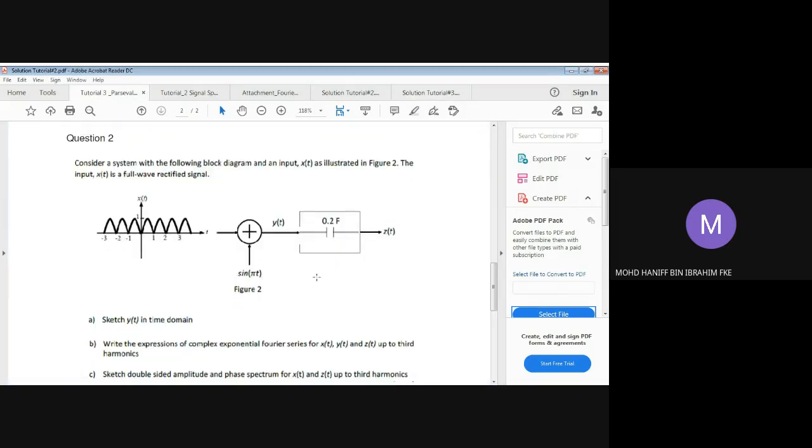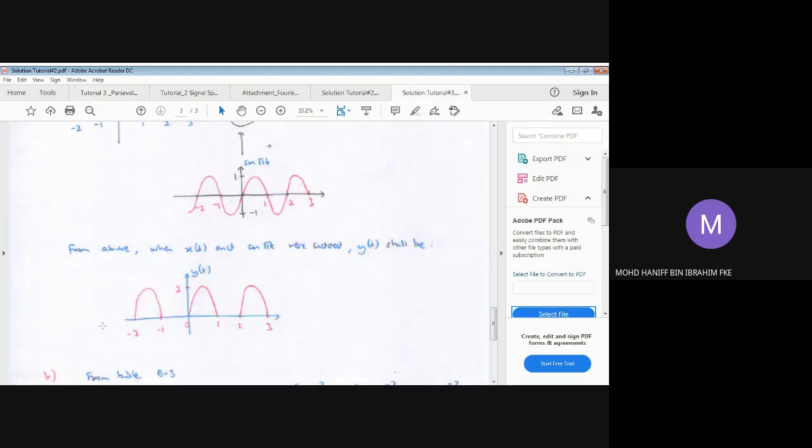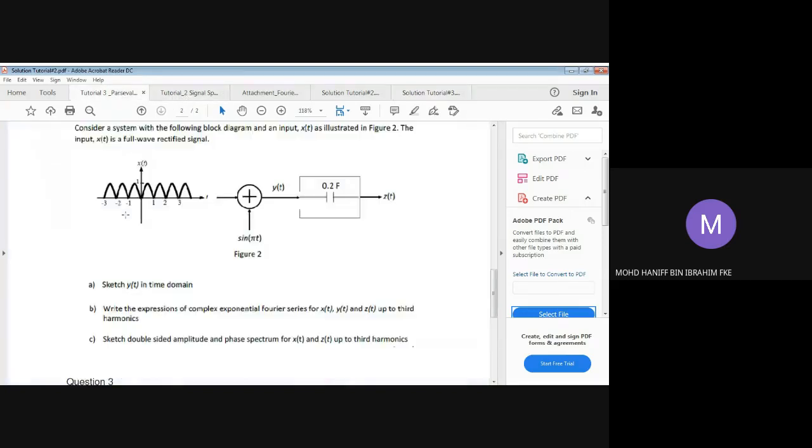Right now, part B is to write the complex exponential Fourier series of x(t), y(t), and z(t) up to the third harmonics. So if we base on this x(t) and also the y(t), you can find these two signals in table B3.